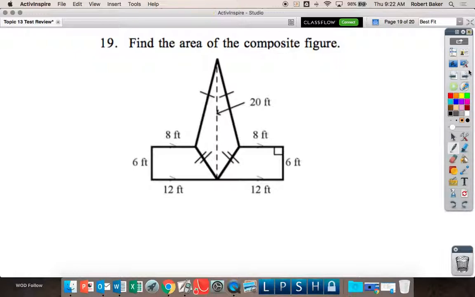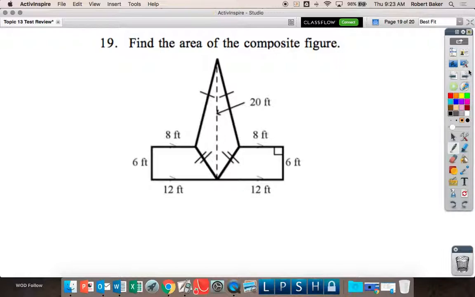How would you do this question? What would y'all do? There's 2 different ways to do this. I kind of want to know what you're going to do so I can mimic that for you guys. Are you going to find the area of 3 shapes or find the area of 2 shapes? 3.